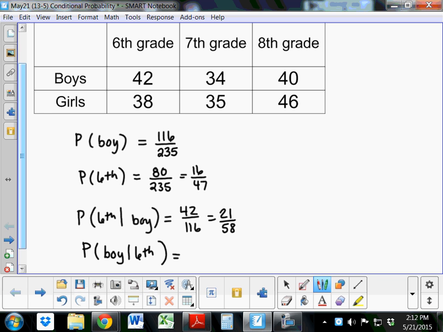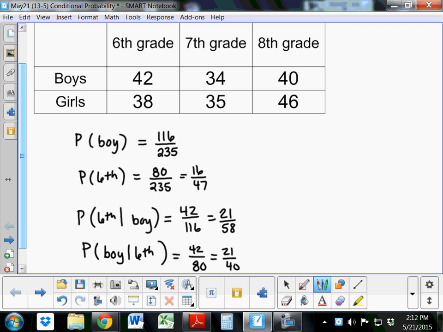What's the probability of being a boy? That's the 42 out of, what'd you say? 80. So that's the other way around. You see the difference in where the denominators came from. Of course, I should reduce that. 21 out of 40 does, no, it doesn't go any further, I guess.